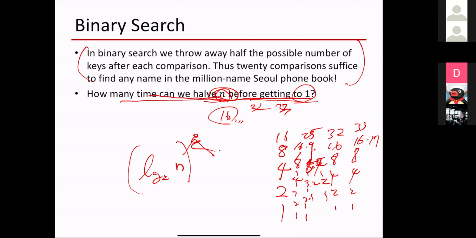In the case of 16, we have 1 left: 16, 8, 4, 2, 1. The halving process itself will be log 2n. Yeah, so the halving process is log n, getting to 1. Good point, thank you. So log n at best.